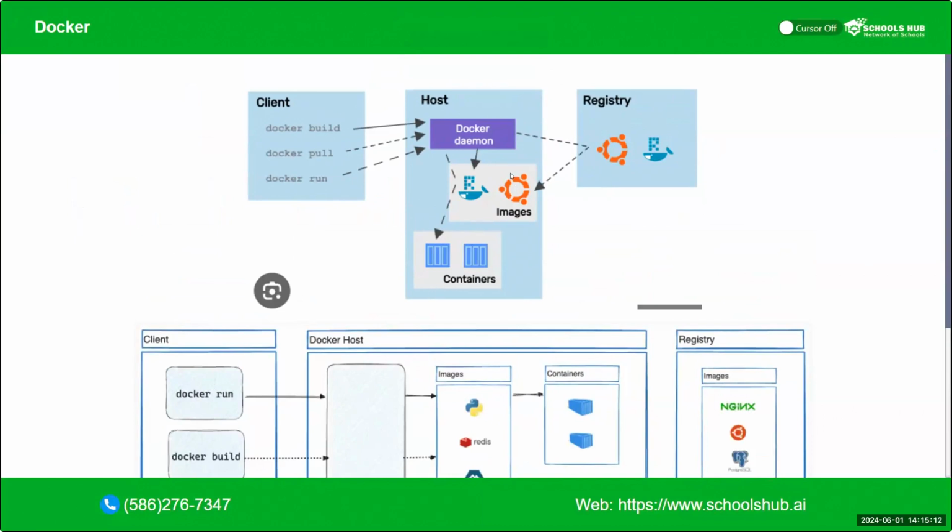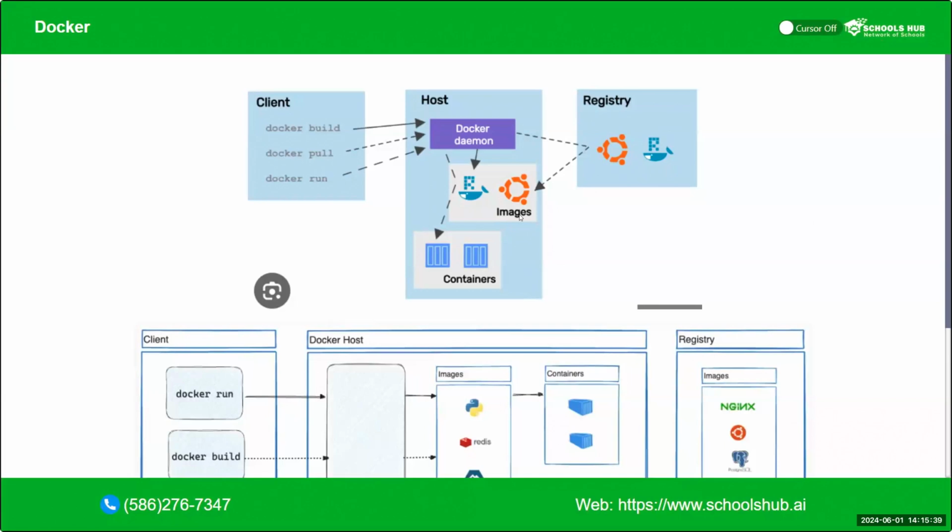And then we have images in Docker. Those are mainly the read-only templates used to create containers, and images can be built from Docker files. We have to create a Docker file, which is a text file containing a series of instructions. That means when we deploy anything in Docker, first we need to create a Docker file, and that file contains a series of instructions on how to build an image.